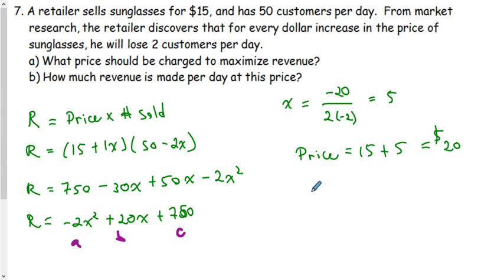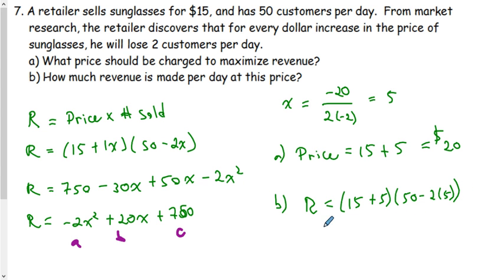And we want to know how much revenue we're going to make from that. So let's figure out the whole revenue. Our revenue is going to be 15 plus 5 times 50 minus 2 times 5.